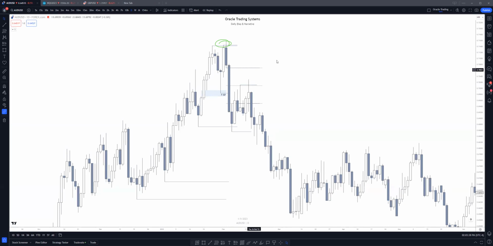Another thing to notice is that this failed FEG here has been reclaimed and acts as a form of resistance to push us lower. So now we have a beautiful narrative at play here. We have first failure to reclaim the initial swing high, causing the first early reversal signal. The second reversal signal we have is when the ISP fails.